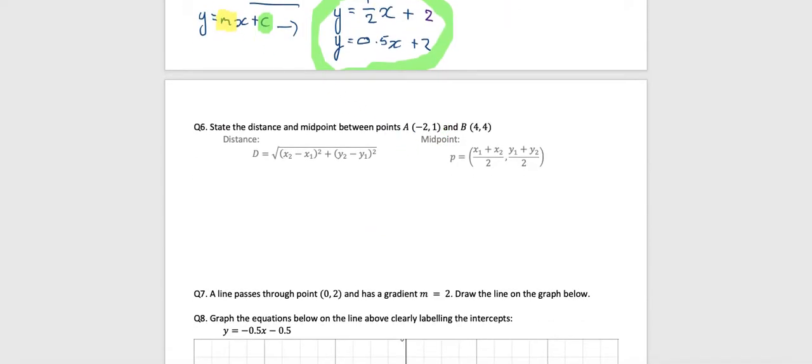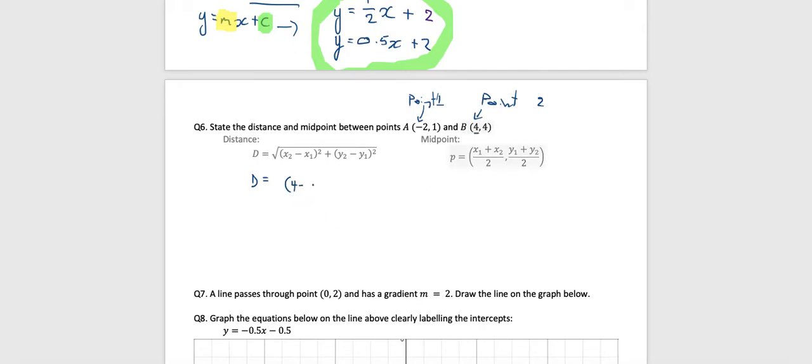So to do that, we've got this formula, the distance formula, and it's simply a matter of substituting in the values. So if we say that this is point 1, and this guy here is point 2, then we can write, so x2 is going to be this guy here because it's our x value.